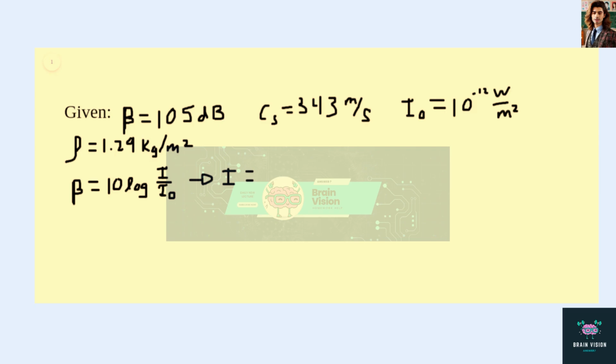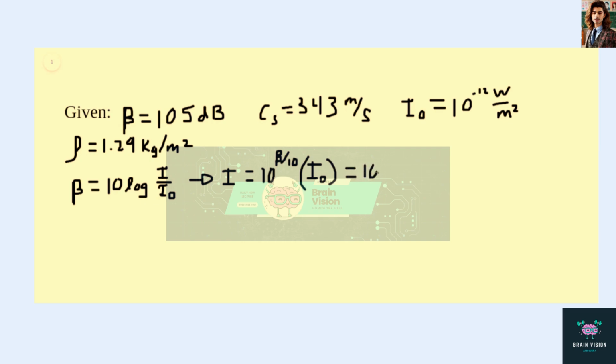After we divide beta by 10, since it's log base 10, we have to raise both sides to the 10 power to get rid of the log. So we have 10 to the beta divided by 10, and then multiplied by I naught to get the I by itself. So we plug in these values.